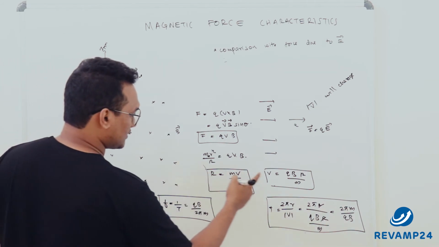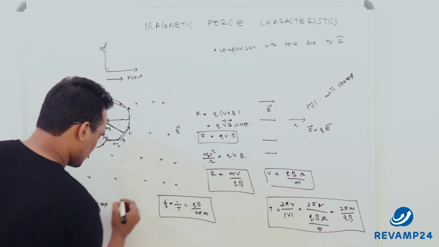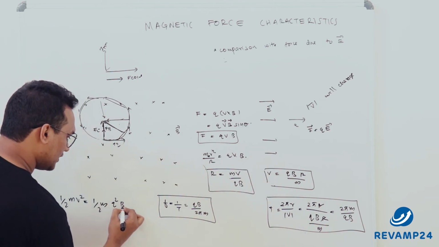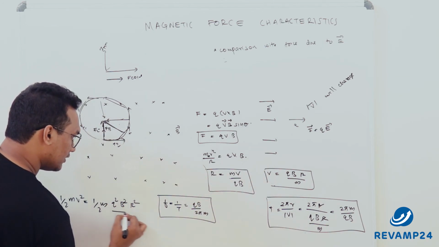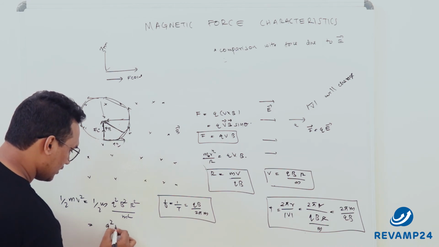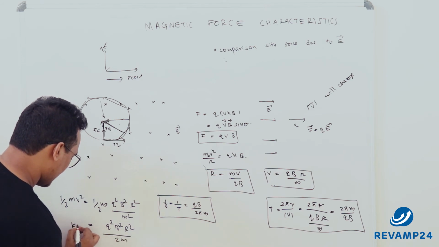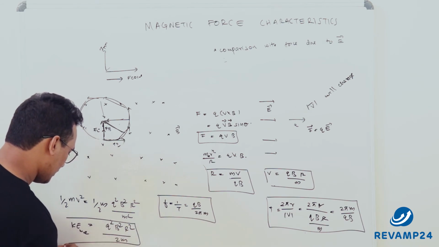So what is the value of v? This one. So half m into the square of this. So q square B square r square divided by m square. So m will cancel, that is q square B square r square divided by 2m. This is the kinetic energy of a moving electron in a magnetic field.